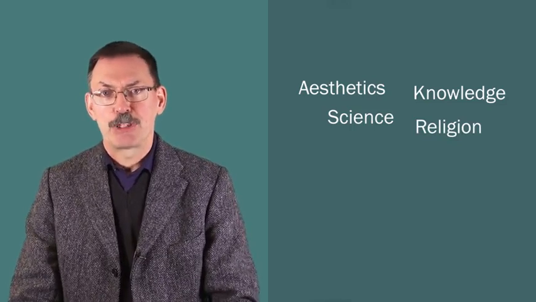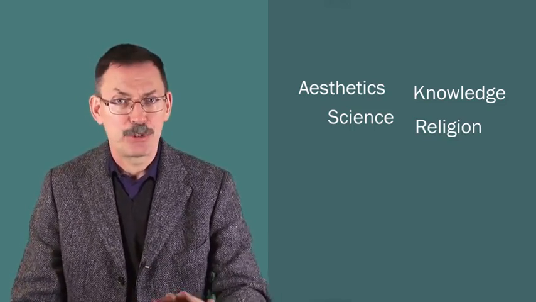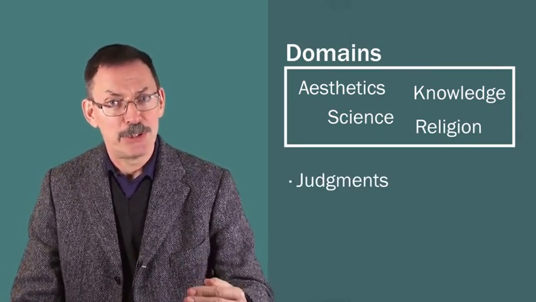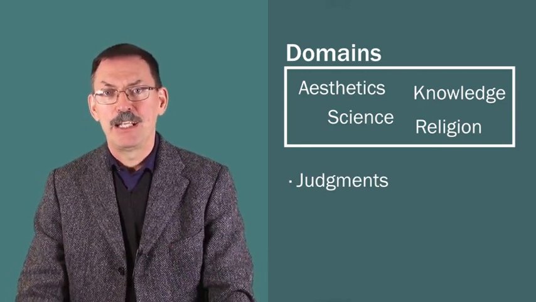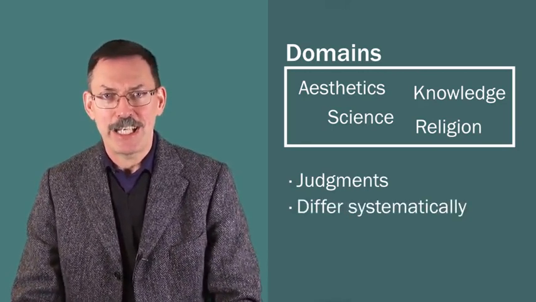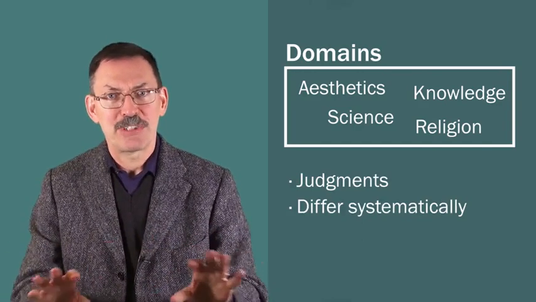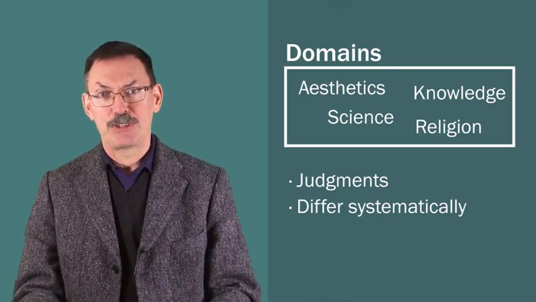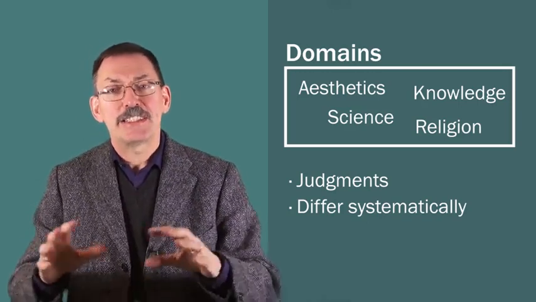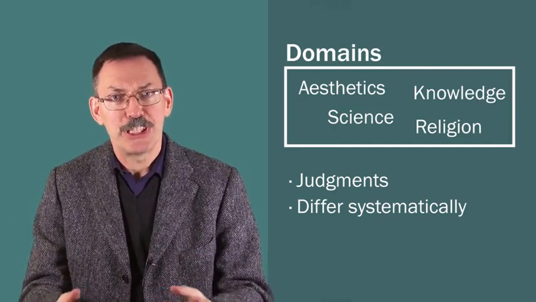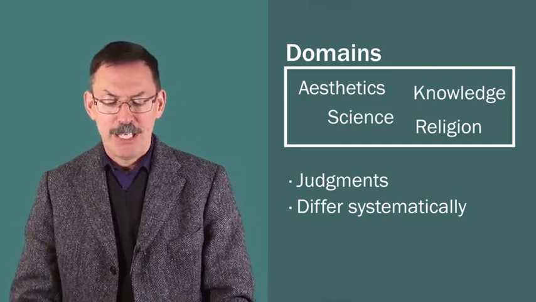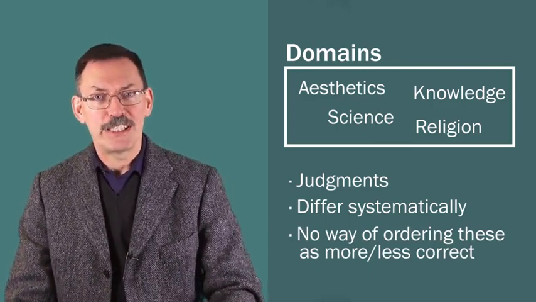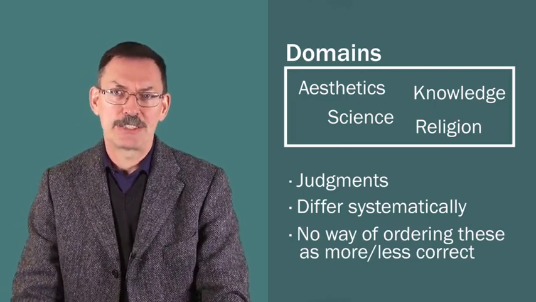So the first element of a relativist position is to say, there are these different domains, but with respect to each domain, we first of all find judgments people make in those domains. These judgments differ systematically with respect to different cultures, different background assumptions. And when we have those different background assumptions, these systems of rules by which we judge in those respective domains, then there's no neutral way of ordering these different conceptions as more or less correct.